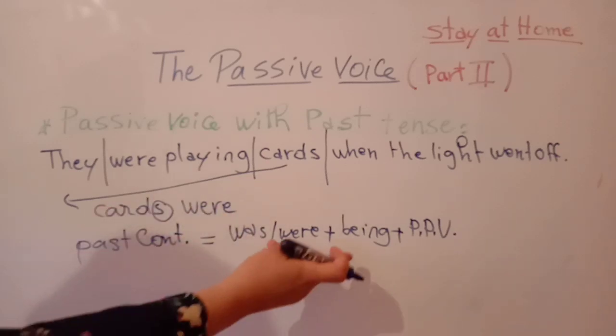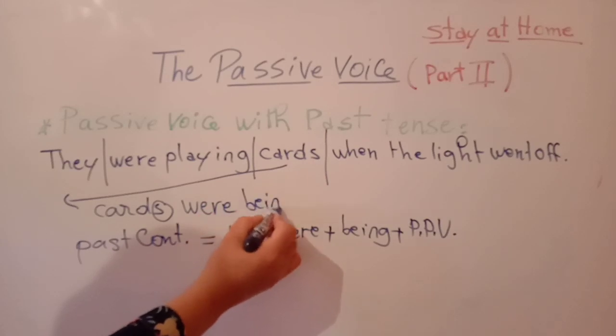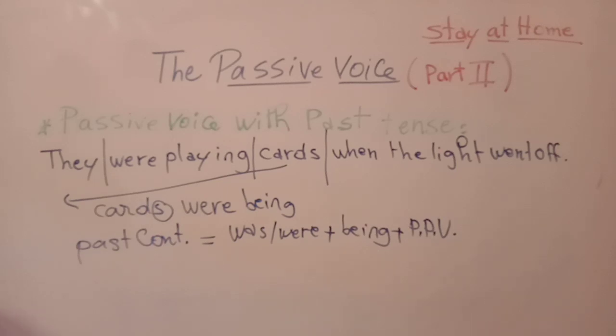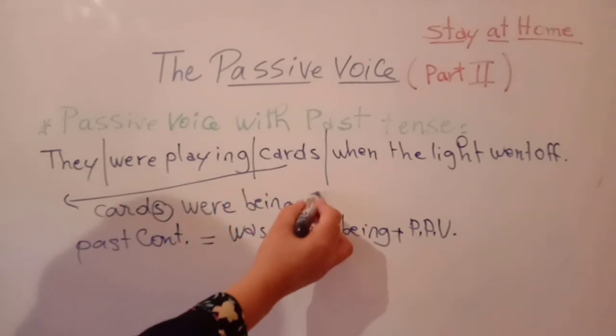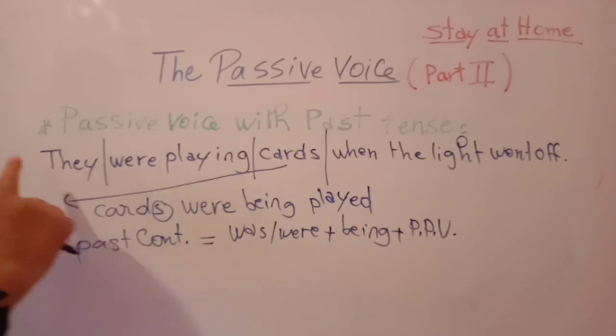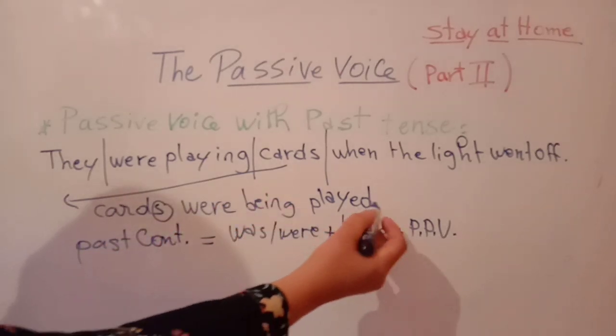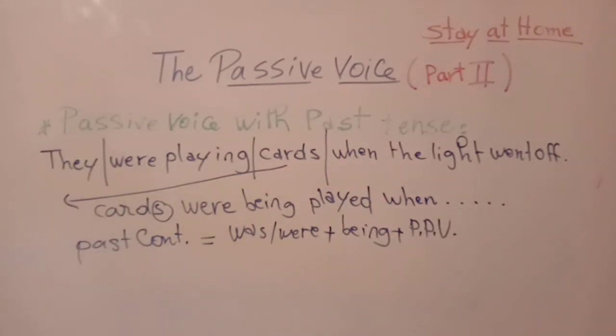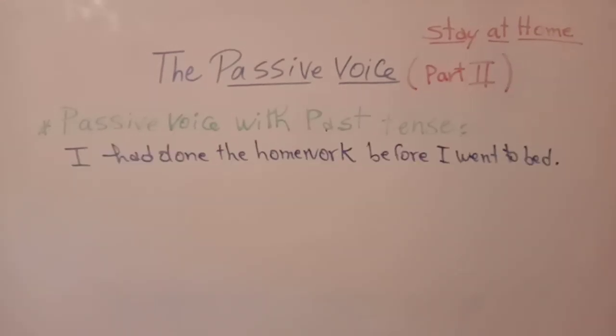Cards were being played. Play is a regular verb, verb plus ed. Since the subject is not known, no need to use by. So cards were being played, and then you finish the sentence, when the light went off. Right? Good.